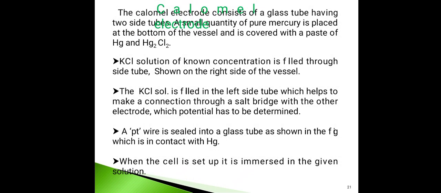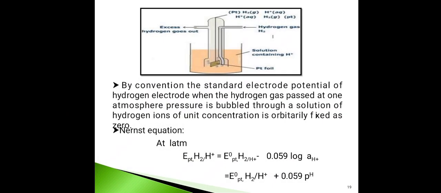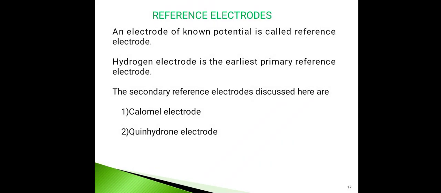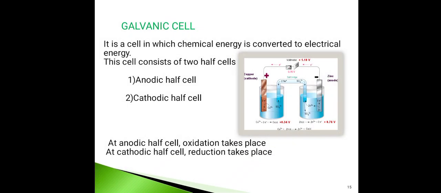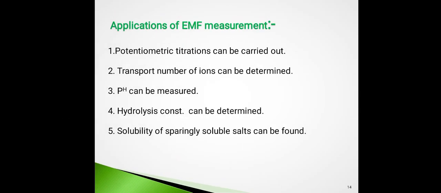In this measurement of EMF experiment, first there is a circuit in which a long wire AB is attached on either side to a plug key, and next it is attached to a resistance along with a battery.